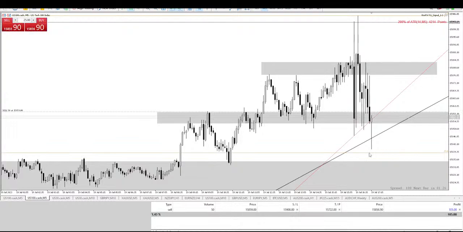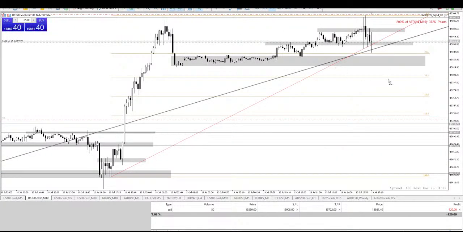Okay, so it's rejecting the 23, rejecting the trend line, and pulling back into this range. We still have a minute to go before the candle closes though, so I'm going to keep holding for now. Honestly, if you're not in this trade right now, I wouldn't suggest taking it just yet.